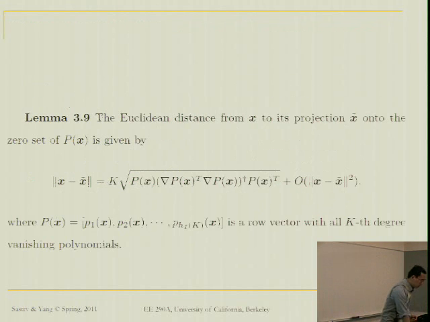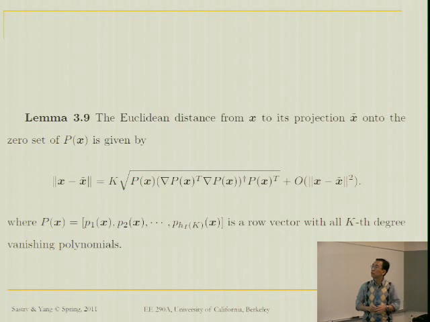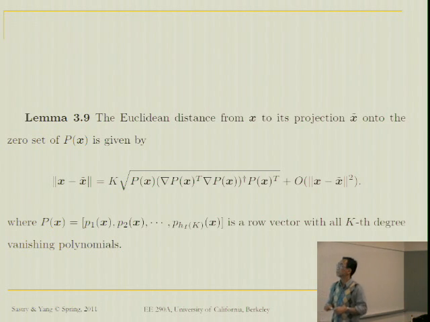So this is what Lemma 3.9 tells you: you're going to find a projection x tilde from x onto the 0 set defined by p of x as the following, that minimizes this value. Okay? Minimize the distance.